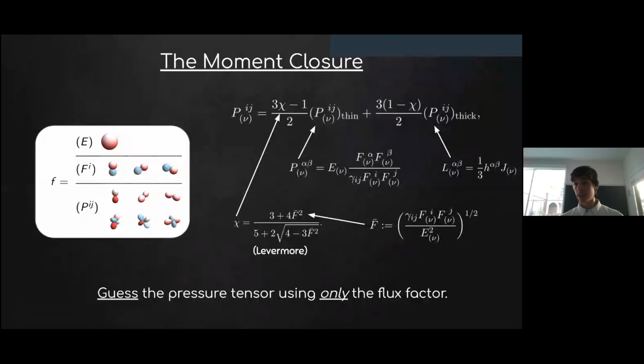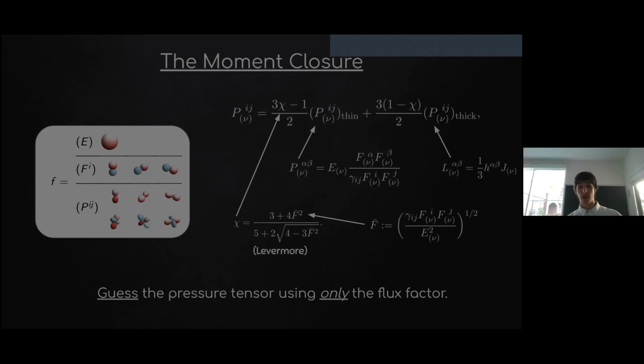In the optically thick limit, you know that the radiation is perfectly isotropic in the co-moving frame. So you know what the radiation field looks like in both of these limits, and you can use the flux to guess whether you're close to the optically thin limit or the optically thick limit, and just do some simple interpolation between them. And so you just say that your pressure tensor is some interpolated value between thin and thick.